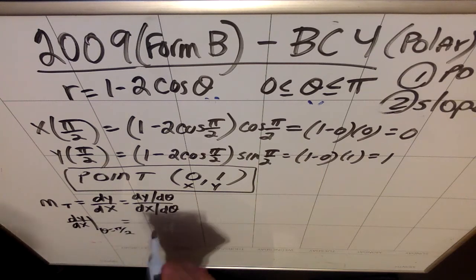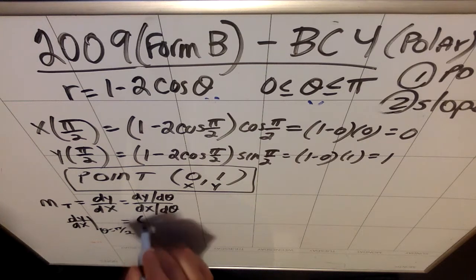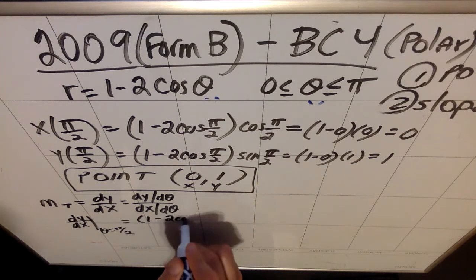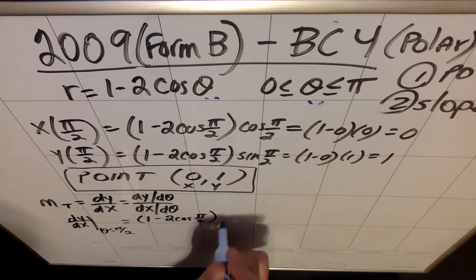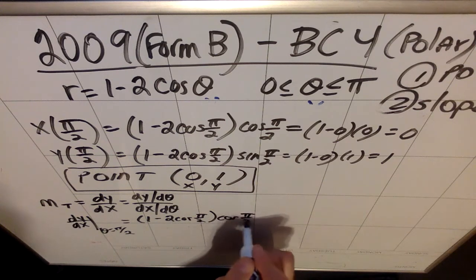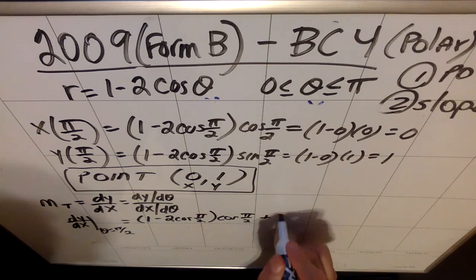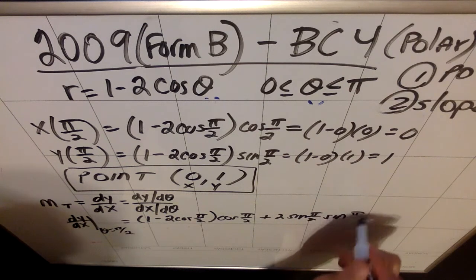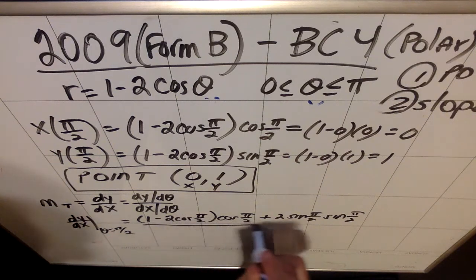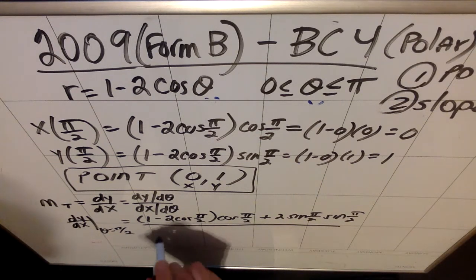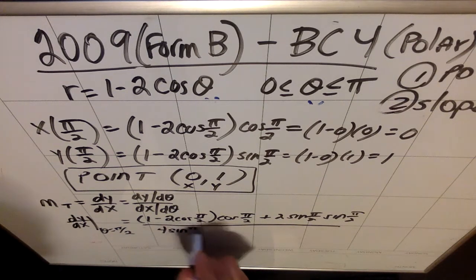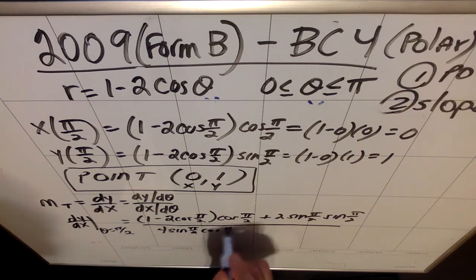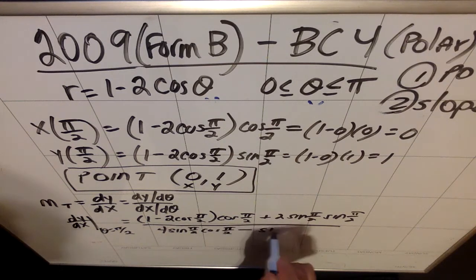It's just going to be, I had it as a 1 minus 2 cosine of pi over 2 times a cosine of pi over 2 plus a 2 sine of pi over 2 times another sine of pi over 2, which we'll deal with in a sec. And on the bottom, I had that this guy was a 4 sine of pi over 2 cosine of pi over 2 minus a sine of pi over 2.